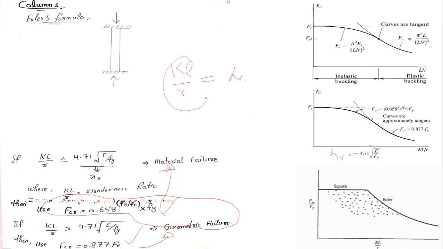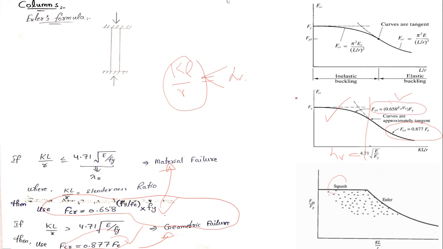If your KL/r comes out greater than this critical value lambda r, if you are here, then you are going to use this Euler equation, and this is F critical equals 0.877 Fe. And if your KL/r, the slenderness ratio, was less than lambda r, you would be here, and in that case you had to use the squash equation, and the squash equation is this one.